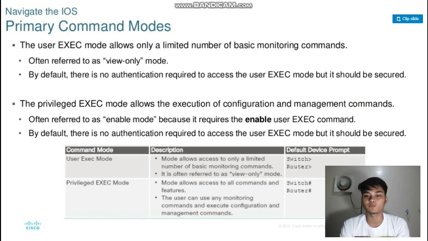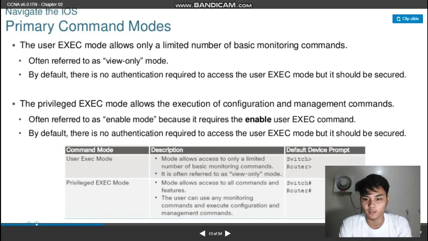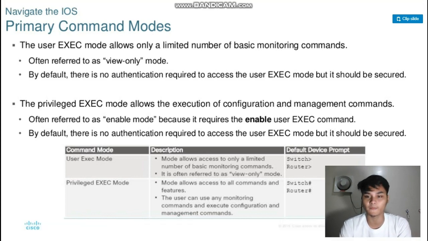For the switch, as you can see, the prompt is the switch name followed by a greater-than sign for user EXEC mode. For privileged EXEC mode, it is the switch or router name followed by a hashtag. Privileged EXEC mode allows the execution of configuration and management commands, often referred to as enable mode because it requires the enable user EXEC command.